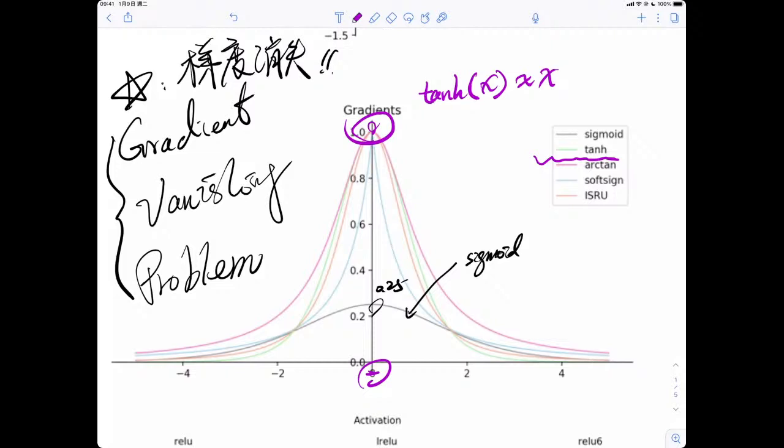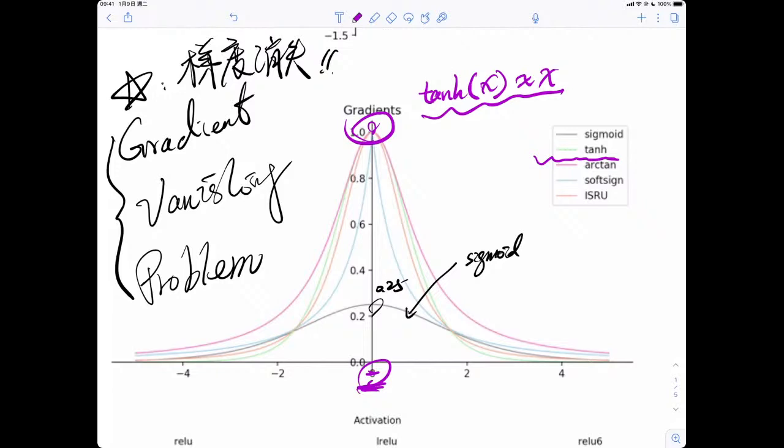So you can keep the information, the message from the left hand side, and pass it to the right hand side if you really want to keep the value. That is the different gradients of activation functions.